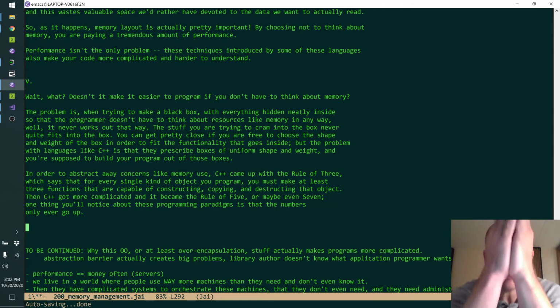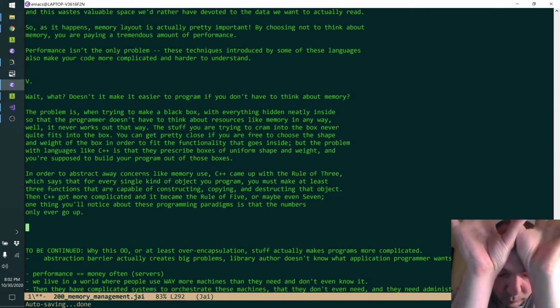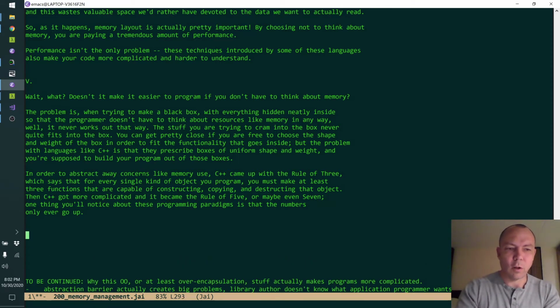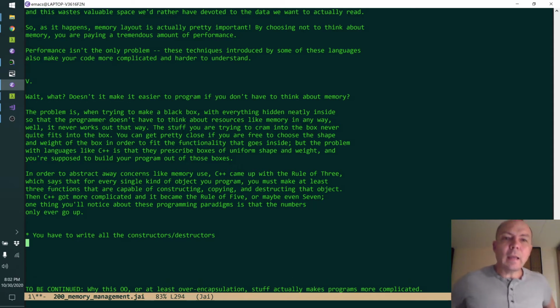What are the endpoints that I want to get to? I want to say the following: you have to write all the constructors, destructors, right? It's not magic.